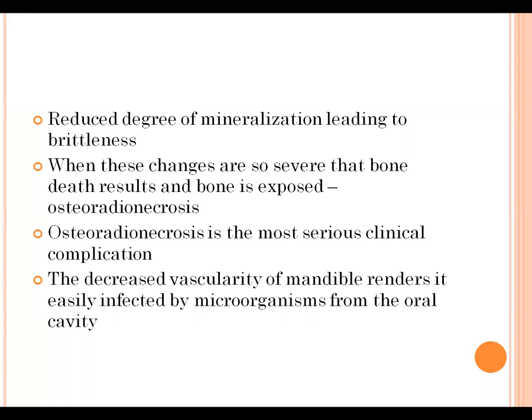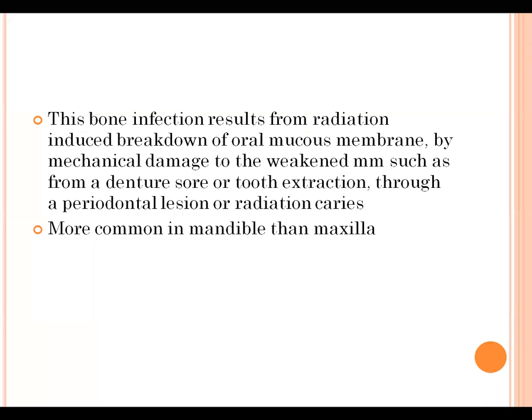The decreased vascularity of the bone renders it easily infected by microorganisms from the oral cavity. This bone infection results from radiation-induced breakdown of the oral mucous membrane, by mechanical damage to the weakened mucous membrane, such as from denture sores, or extraction through periodontal lesions, or radiation caries.